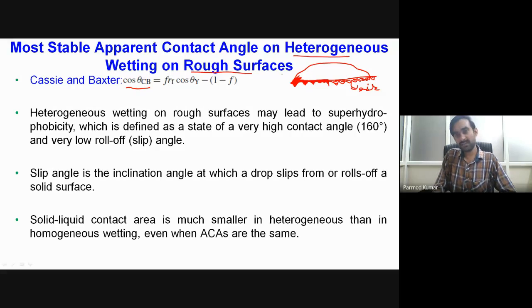Say F is the fraction of area where we have perfect contact between the liquid and the solid surface. Then the area fraction where we have air in our roughness grooves will be equal to 1 minus F.